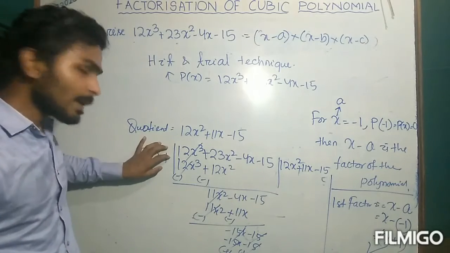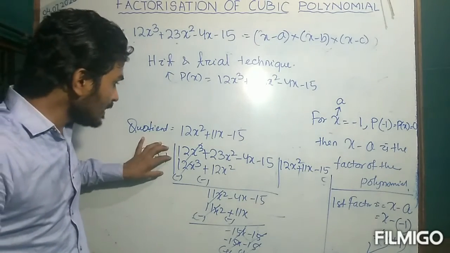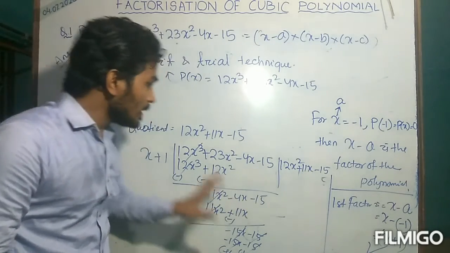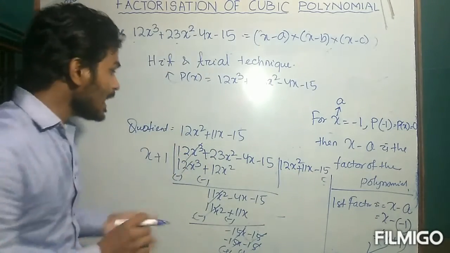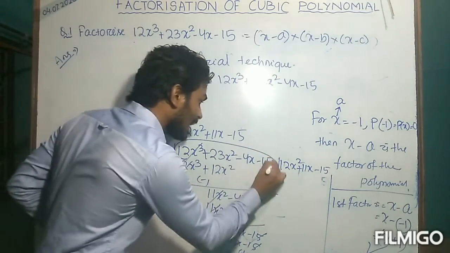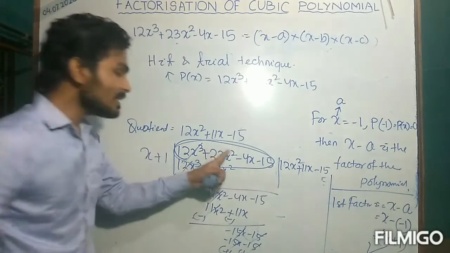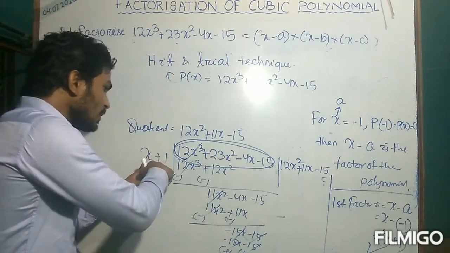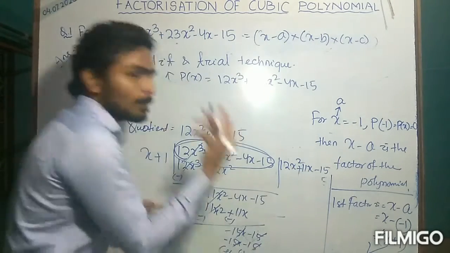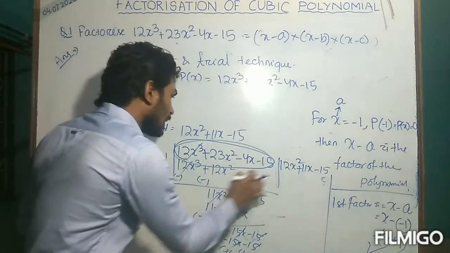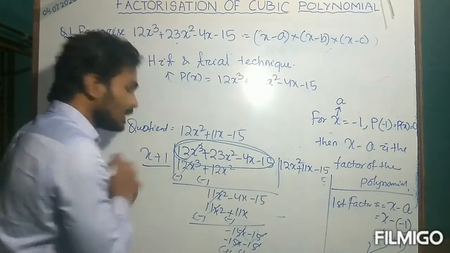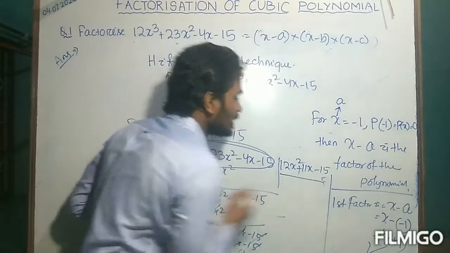Since it is the first factor and the remainder is 0, the other factors can be found from this quotient. Why? Because as we know, the dividend is the product of divisor into quotient plus remainder. Since the remainder is 0, that means the total dividend is equal to the divisor into quotient.